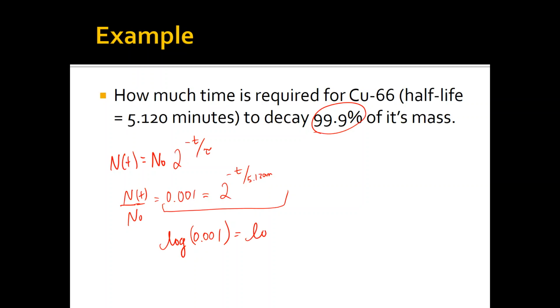So log of both sides would be the log of 0.001 equals the log of 2 multiplied by negative t over 5.120 minutes. Then you can solve for t.